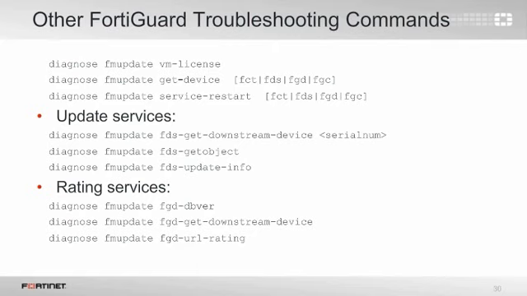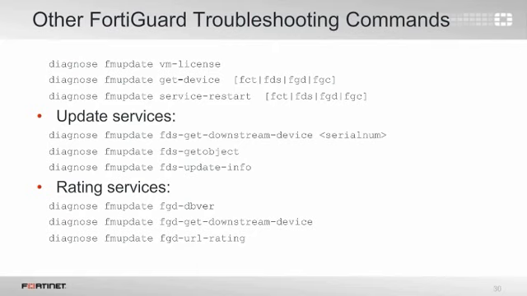Diagnose fmupdate service restart restarts the linkd service for FCT, FDS, FGD, and FGC. Diagnose fmupdate fds get downstream device gets information of all downstream FortiGate antivirus and IPS devices. Optionally, enter the device serial number.